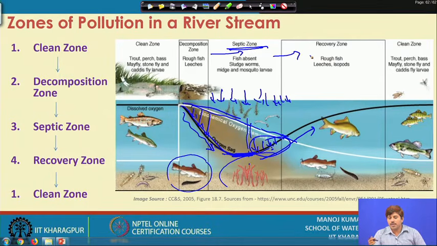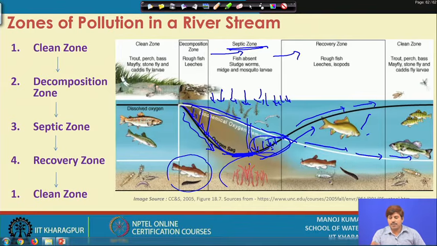In the recovery zone, the organic waste will be further decomposed, and the oxygen will start building up and reach a significant level. The fish population starts appearing.